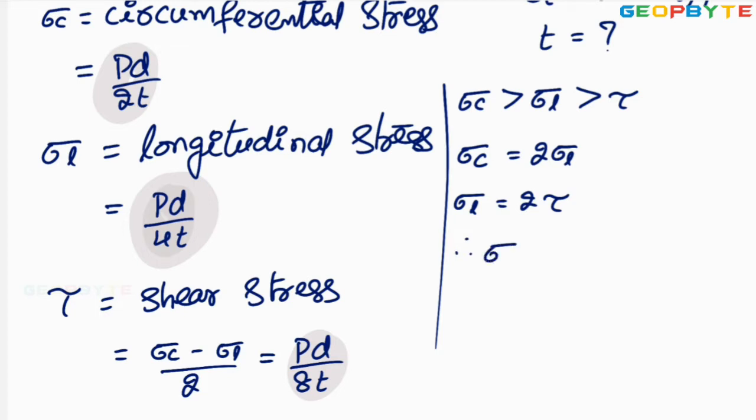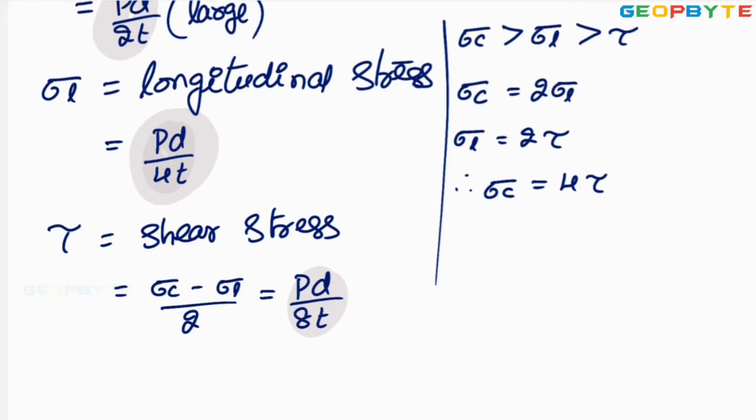Therefore, circumferential stress equal to 4 times the shear stress. Now, among these three stresses, absolutely the circumferential stress is very large. That's why generally the thickness will be decided based on the maximum stress.